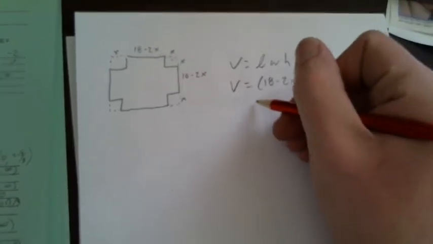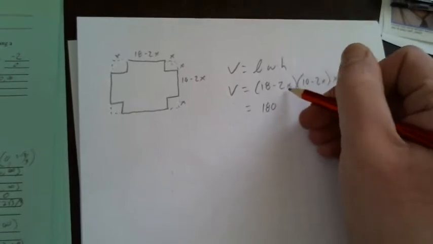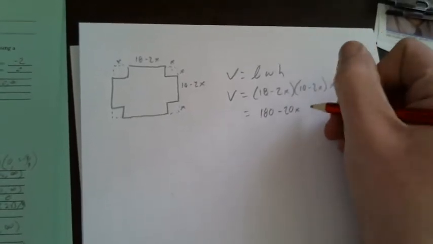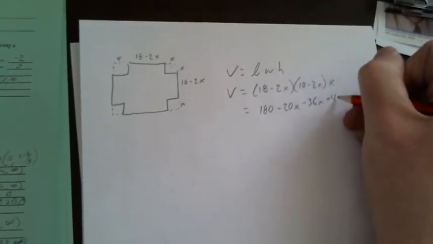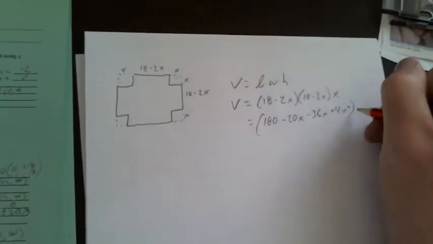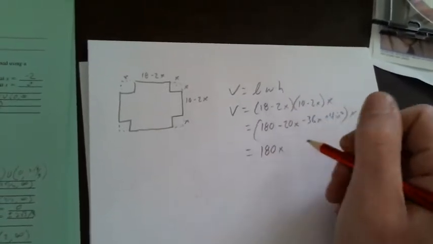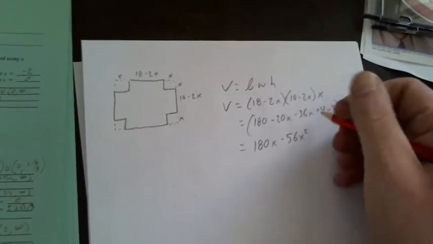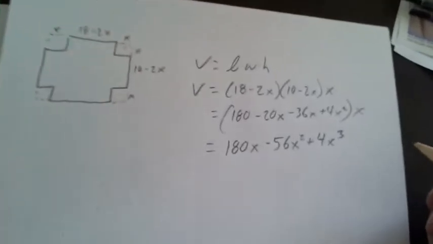So that'll be 180 minus 20x minus 36x plus 4x squared, all times x, will be 180x minus 56x squared plus 4x cubed.